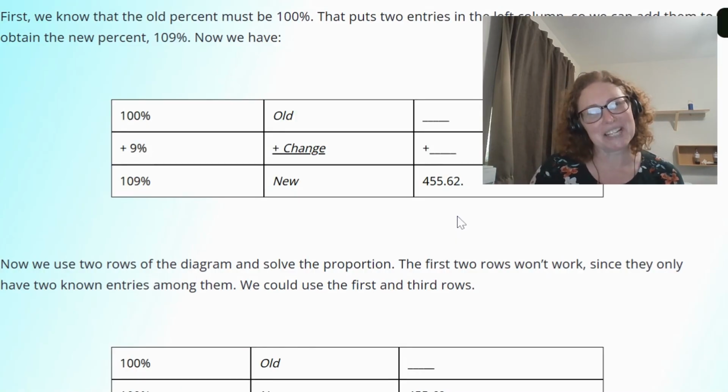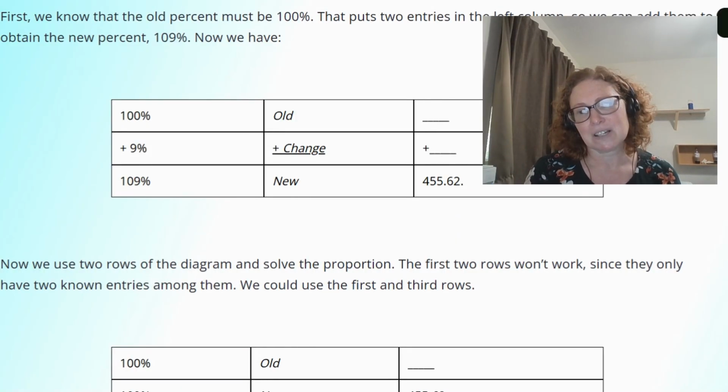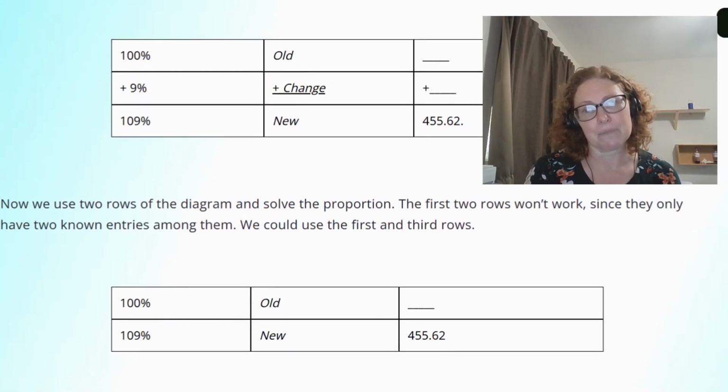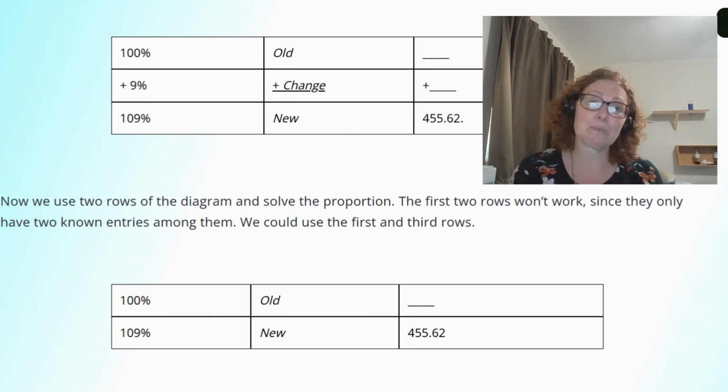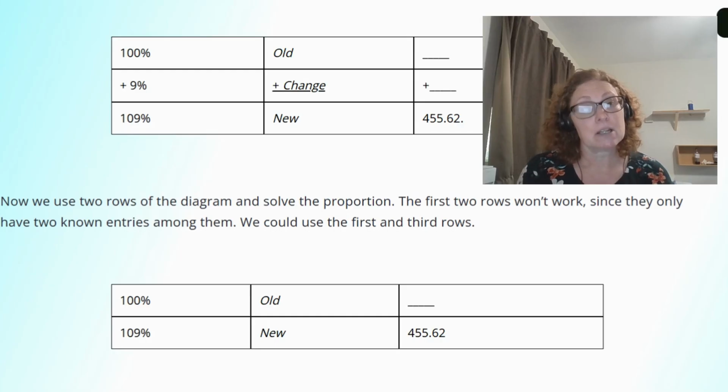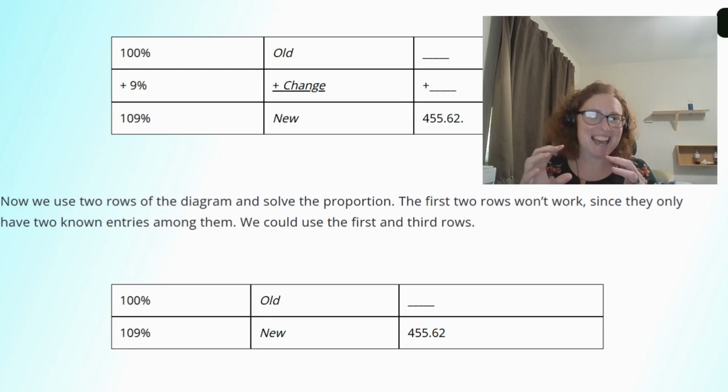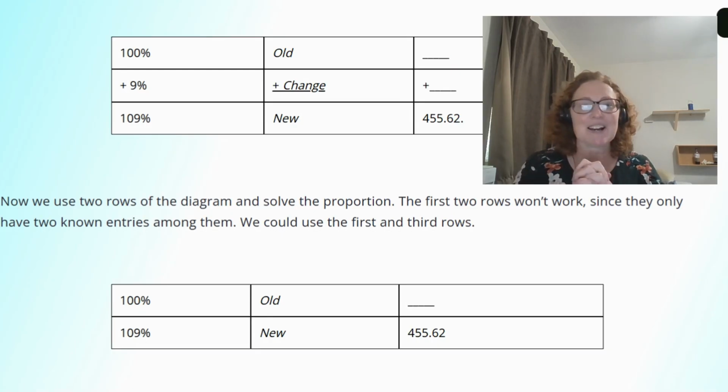Okay, so what are we going to use? We're going to use something to solve the problem. We don't have enough information in the right side of the problem on the first two rows, so we're going to have to use the first and the third rows to solve the problem. So we're gonna know 100 and 109, and the numerator will be the x that we're looking for divided by the 455.62.